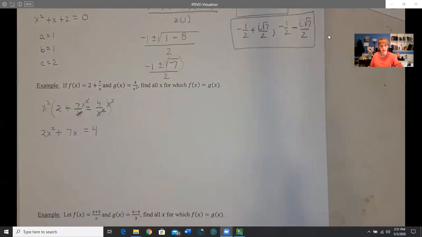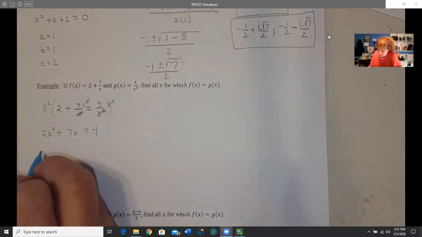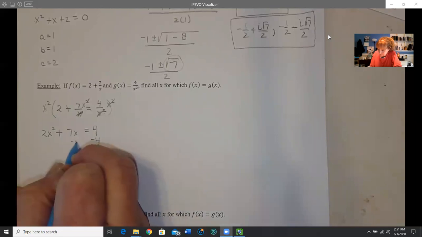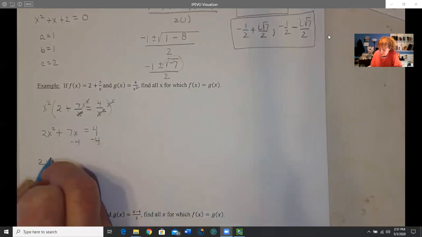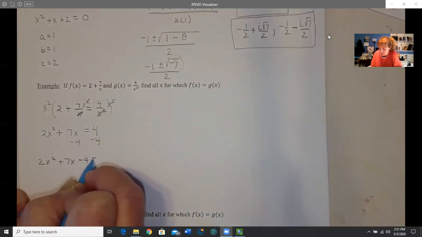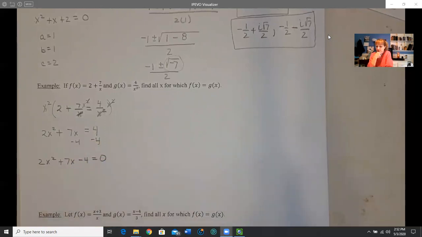All righty. So we have an x squared, so we're going to go ahead and set it equal to 0 and use our quadratic formula. Subtract 4. 2x squared plus 7x minus 4 equals 0. We're going to go ahead and use the quadratic formula. I'm kind of thinking that we may have been able to factor this, but let's go ahead and practice the quadratic formula.